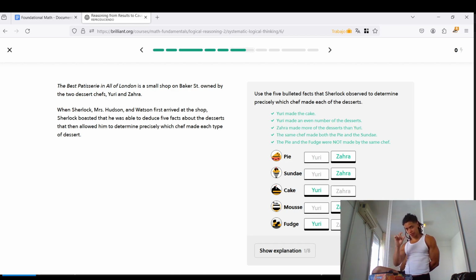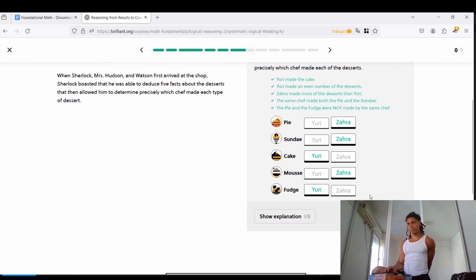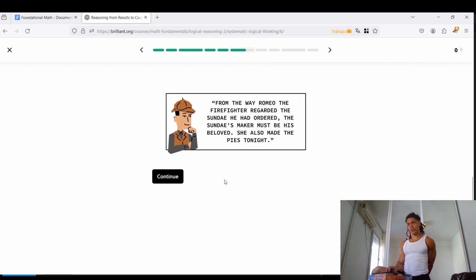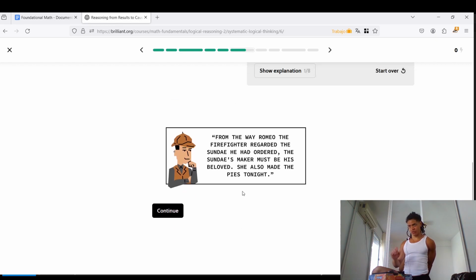This is the analytical thinking. And again, the main problem here was to analyze each one of those statements and to use the math for that. So that was my pain point here.